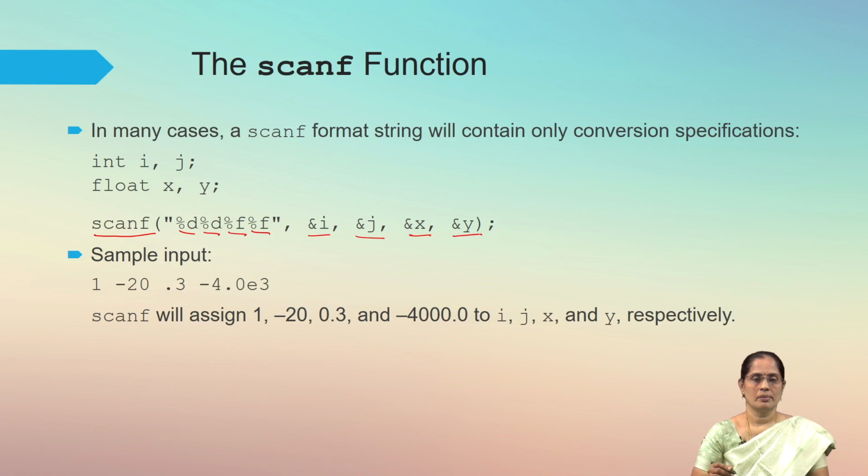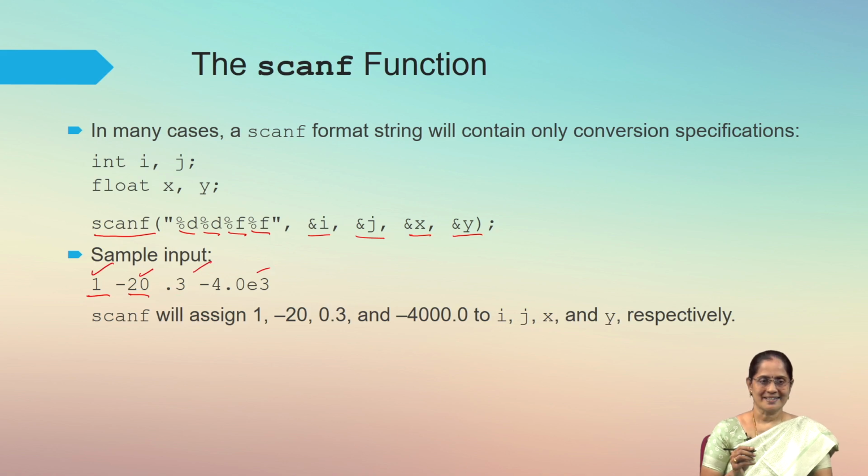With every variable we are supposed to include the ampersand symbol, which is different from the printf statement. With respect to this scanf statement, we are trying to read 2 integer values and 2 floating point values. So, this is the way the inputs can be given, 2 integer values and 2 floating point values.